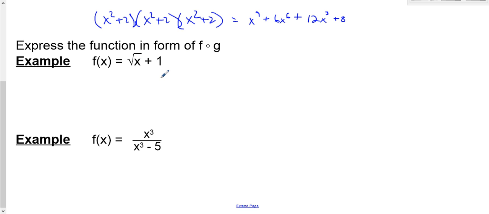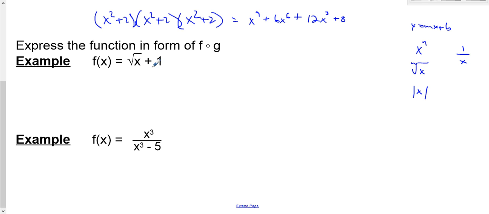So if we think about what functions we have: x to the exponent, we have the radical of x, we have absolute value of x, and we have 1 over x, or any type of expression. And we have linear, like y equals mx plus b. Okay. So we look to see what type of function we have within another function.